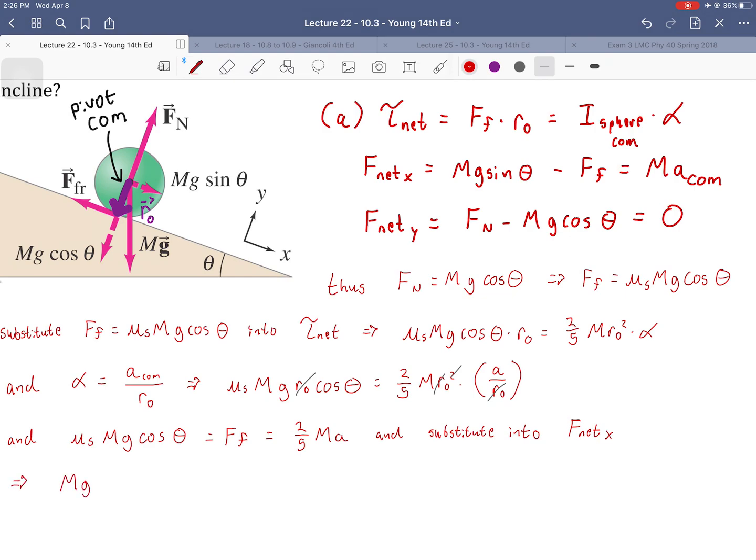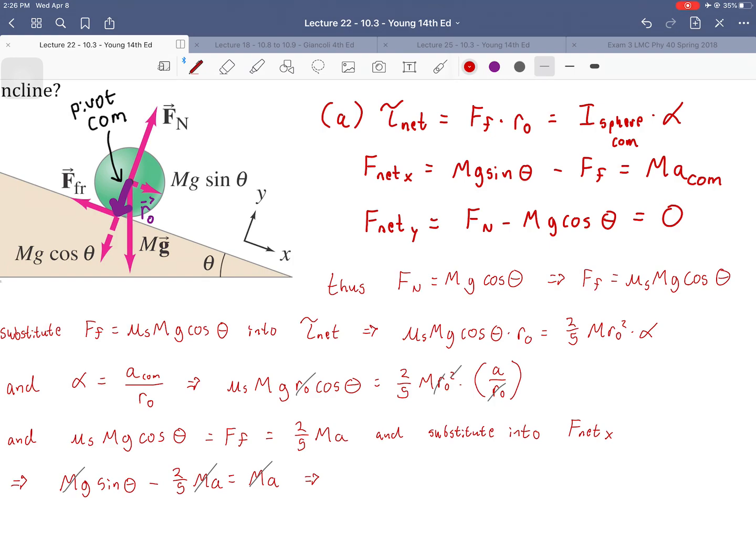So F net x. And what does that give me? Well, that's then just going to give me M g sine theta minus 2/5 M a equals M a. Now is a good time to cancel the M's, because now I have a good opportunity to do so.